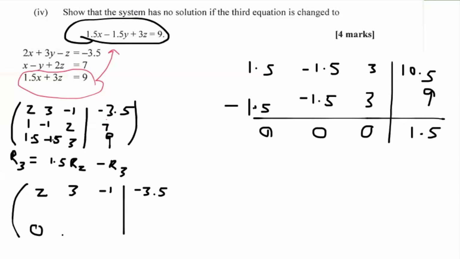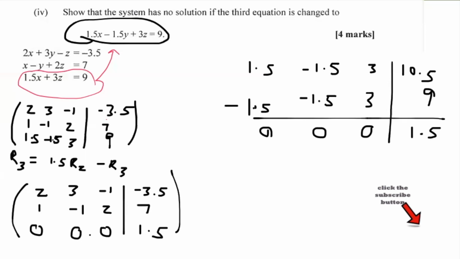So I have 0, 0, 0, then 1.5 in the third row. Once we have this arrangement, it tells me it's no solution. So right here, because 0 equals a number, it is considered to be no solution.